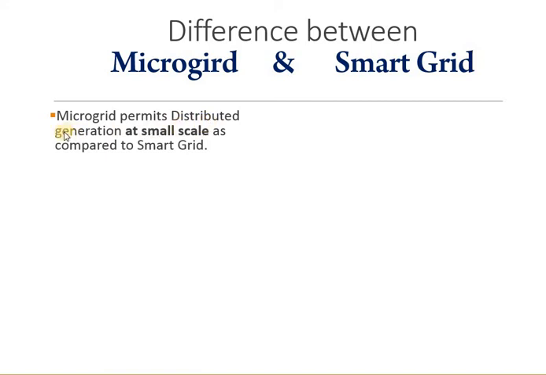A microgrid permits distributed generation at small scale as compared to a smart grid.